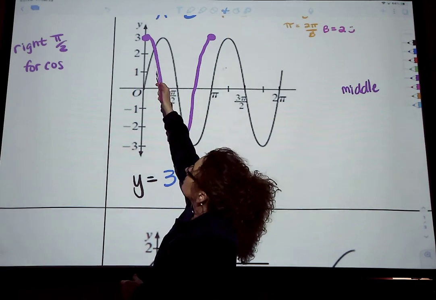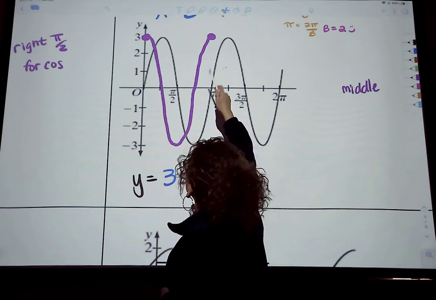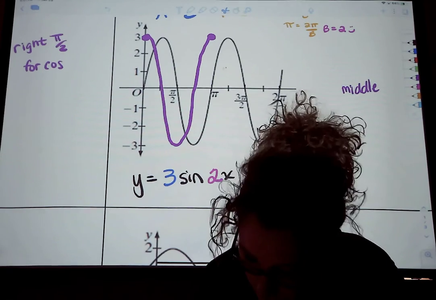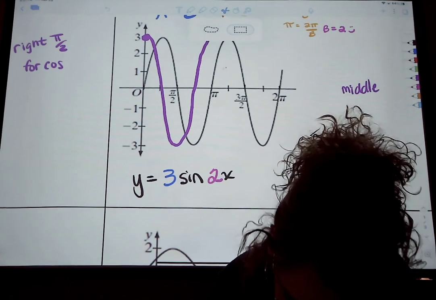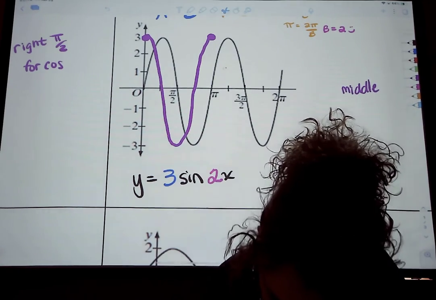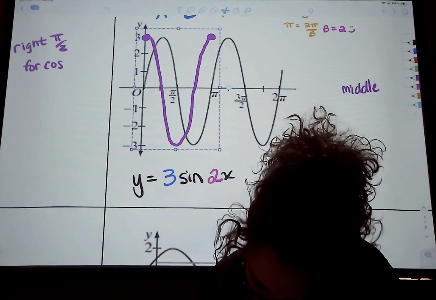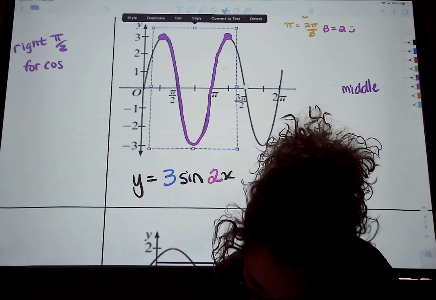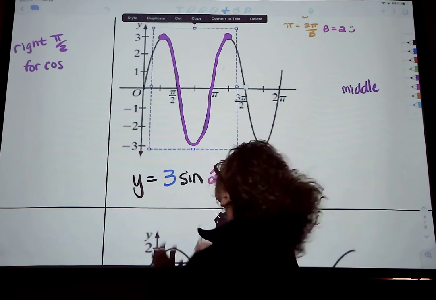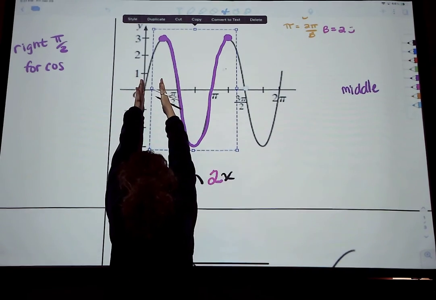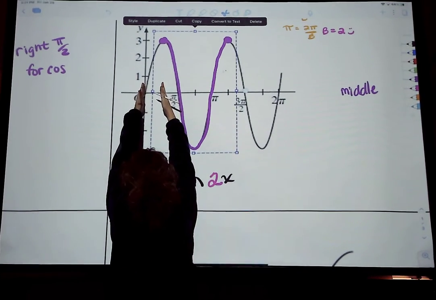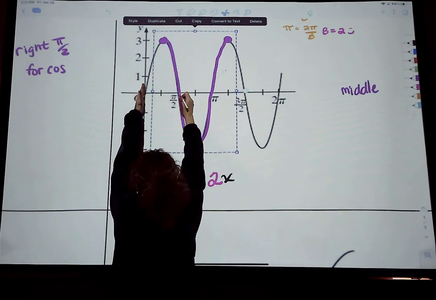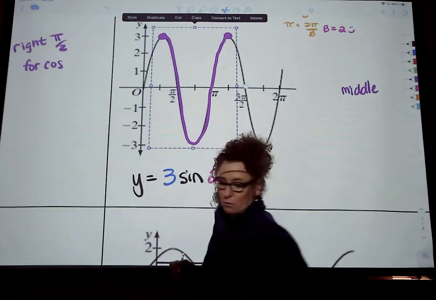It would start at 3 up and hit and go again. How is the black function different than the purple function? It had to scoot over, in order to match up, it had to scoot over this far. How far is that? Well, this is pi over 2, so that must be pi over 4.